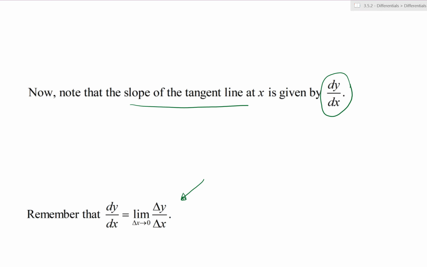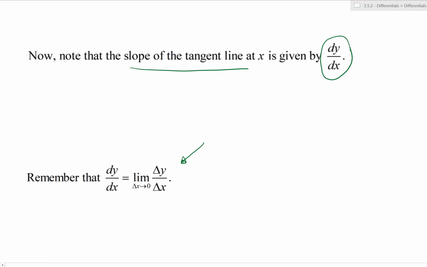So you think change in output direction in your numerator, change in input direction in your denominator, and as that change in the input direction gets tinier and tinier, closer to 0, this gives us the slope of the tangent line at x for the function f of x.